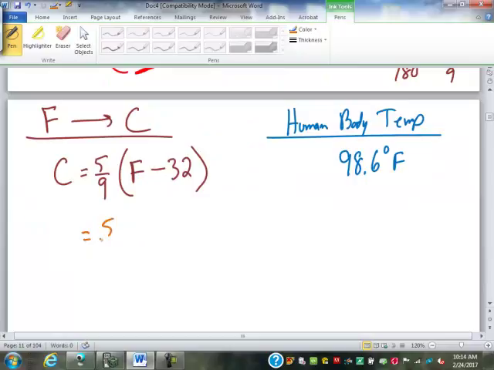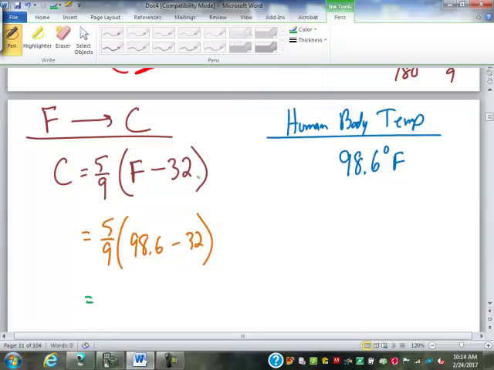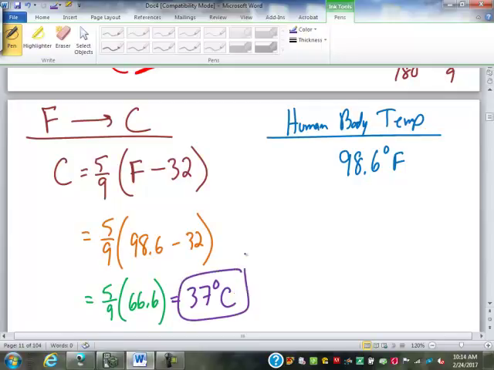Well, we put that in here for F. So the first thing, we have to do our order of operations. We have to do the parentheses first. 98.6 minus 32 is 66.6. Then 5/9 times 66.6 is 37. So that's 37 degrees Celsius. So 98.6 degrees Fahrenheit is equivalent to 37 degrees Celsius.